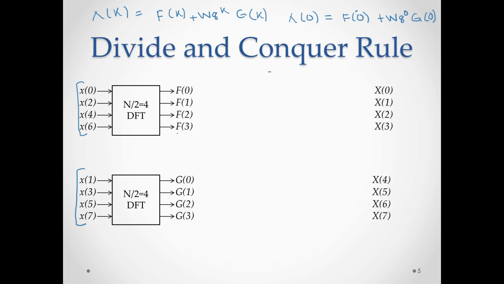So we multiply the g of 0 term with W8^0 and add that term to f of 0.